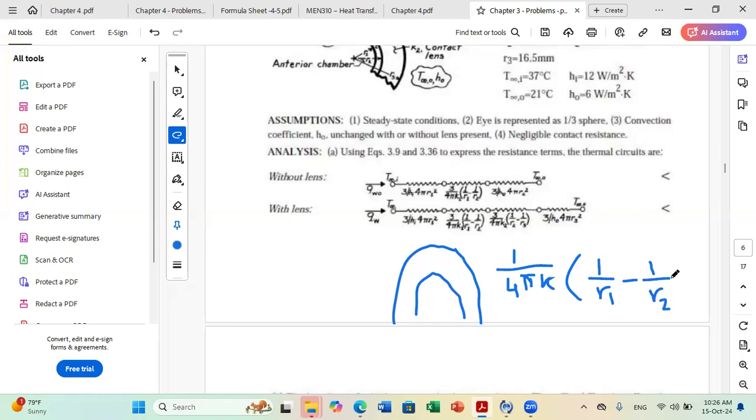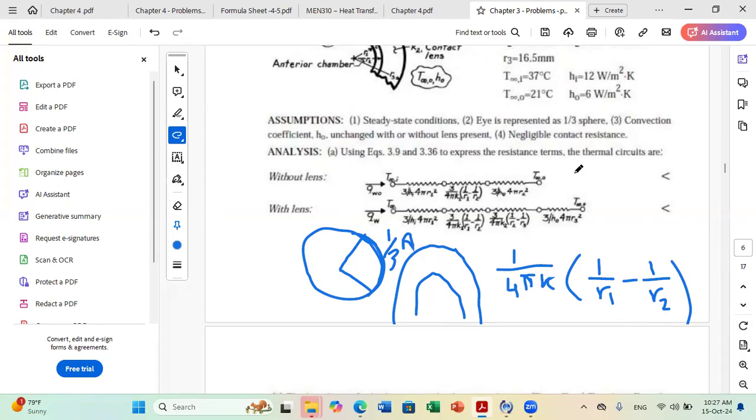But this is if you have a complete area. For the eye in the problem, you have a partial area. They told you that the area corresponds to 1 over 3 of the total area.